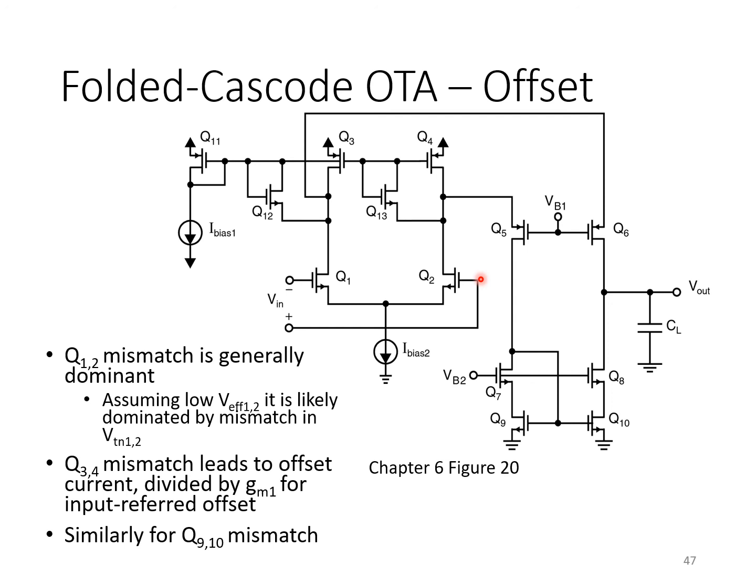So, in summary, quite often the largest contributor to offset in a well-designed op amp like this will be mismatch in the threshold voltage of the differential pair transistors, and that is directly input referred. For example, if these transistors have 1 millivolt threshold voltage mismatch, that's going to give rise to 1 millivolt input referred offset right away.